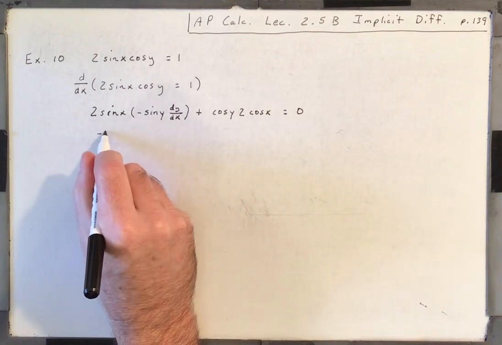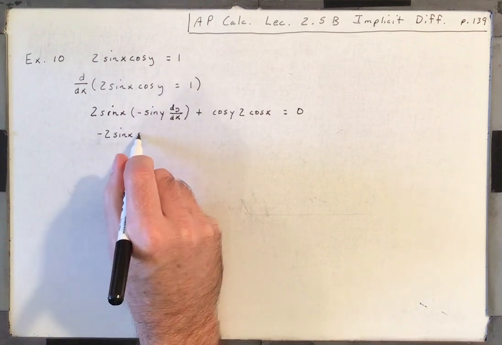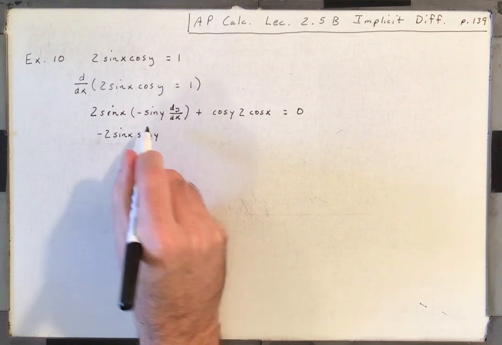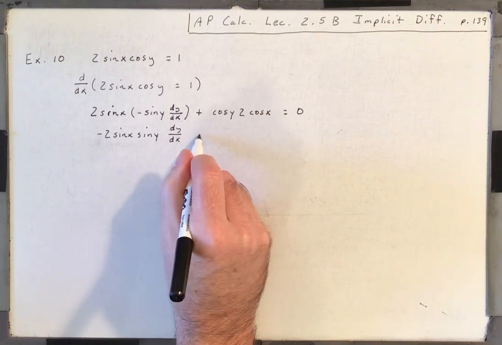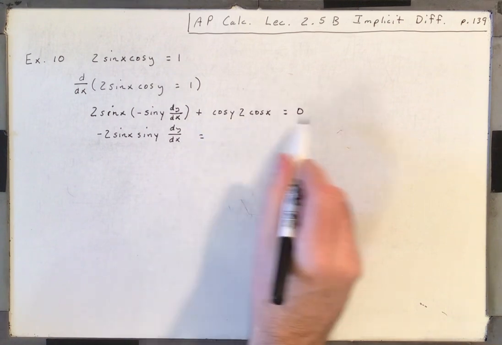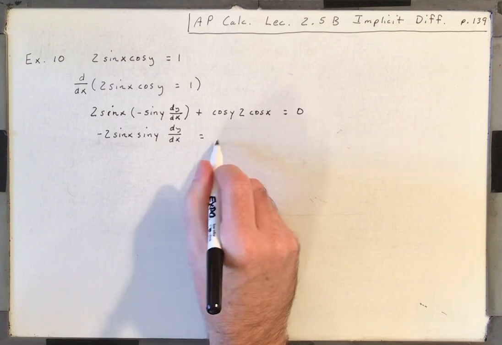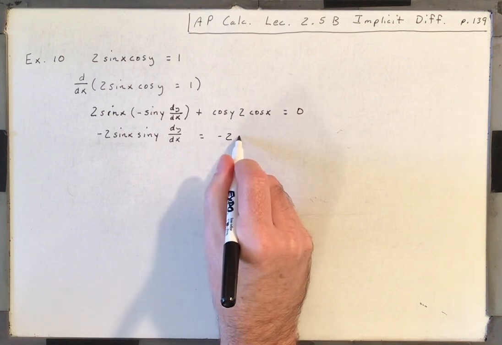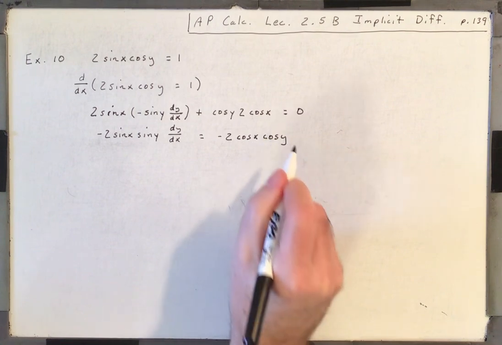So this is minus 2 sine x sine y dy dx. And I'm going to go ahead and move this term over to the right. So we'll make it negative, is equal to, and let's put the 2 first, minus 2 cosine x cosine y.